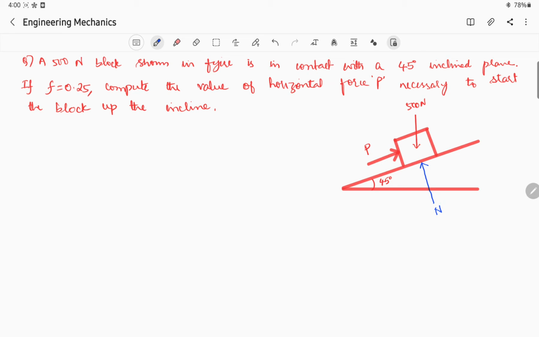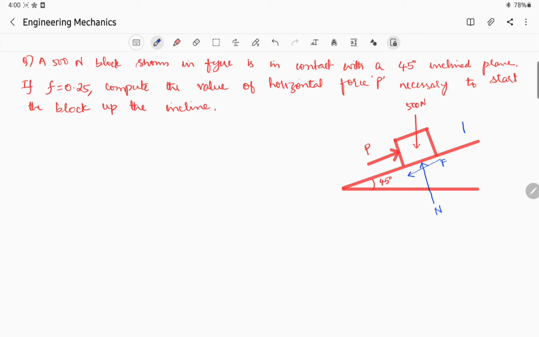N, and since the block will first try to move in downward direction, this P is not applied yet, it will be applied after that. To overcome that, the frictional force will act in downward direction, isn't it? Right.